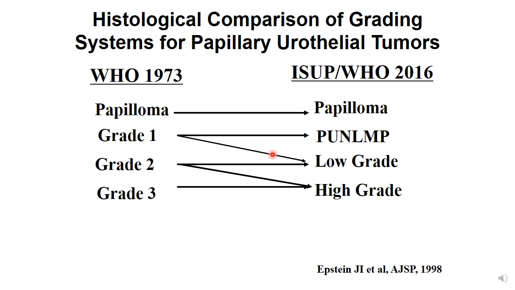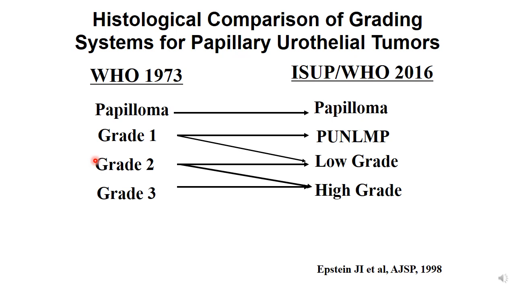The majority of grade 1 goes into the PUNLMP category. Some of them would fall into low grade. But an important point to keep in mind is that previously we had the luxury to put somewhat borderline tumors into the grade 2 category, and that's why it became, to some extent, a wastebasket category.